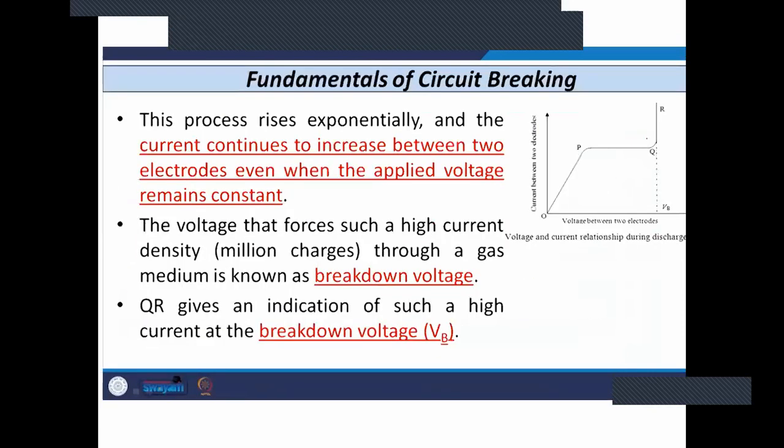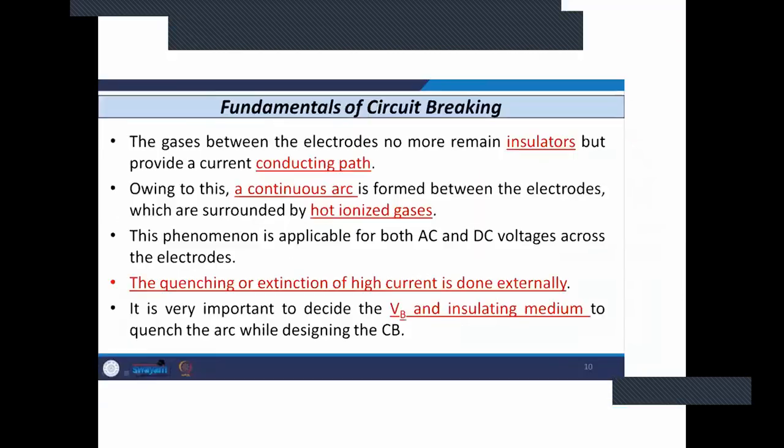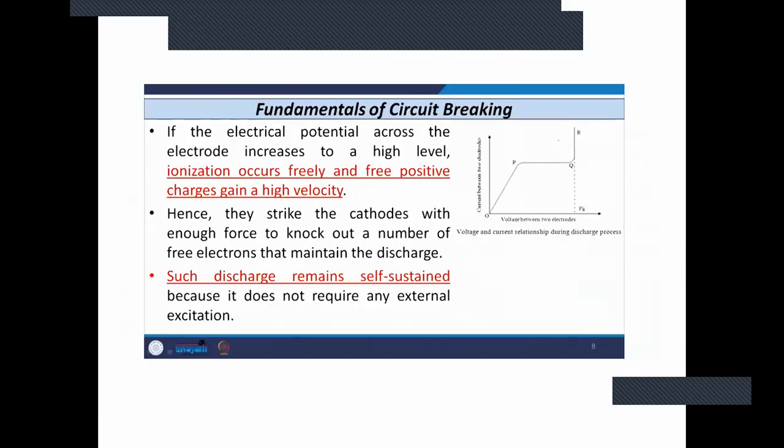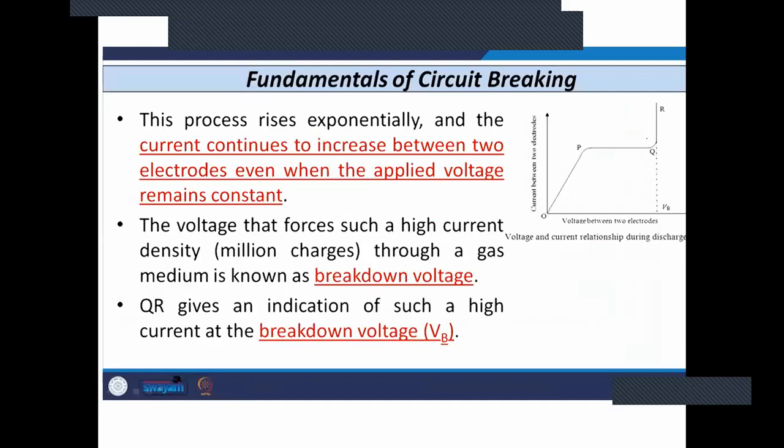And then we have discussed the reason for the arcing, why the arcing occurs. We have discussed that the arcing occurs by the ionization of the gaseous particles present between the contacts of the electrodes of the circuit breaker.